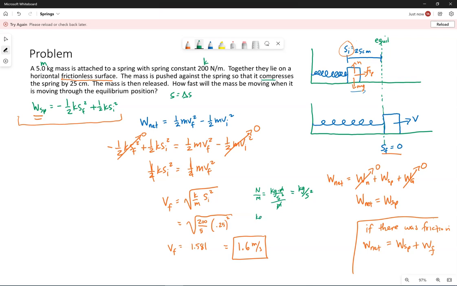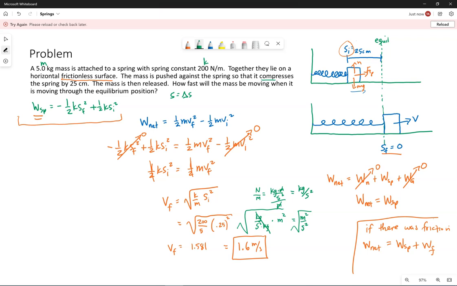The mass is in kilograms, so that's in the denominator, times our delta S is in meters, which needs to be squared. Those kilograms cancel, so that leaves us with meters squared over second squared, but that's all under the square root. And so that's where our meters per second comes from.